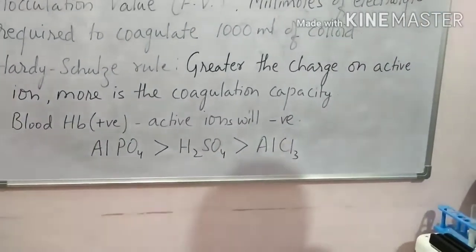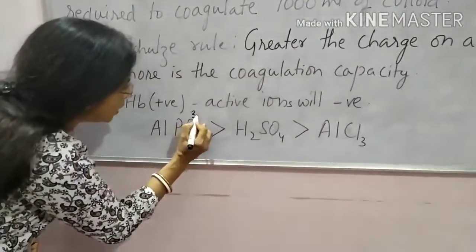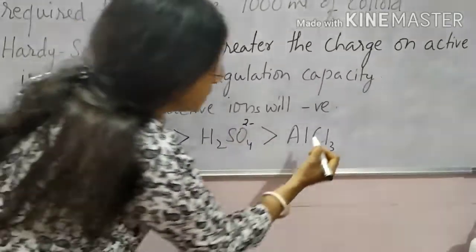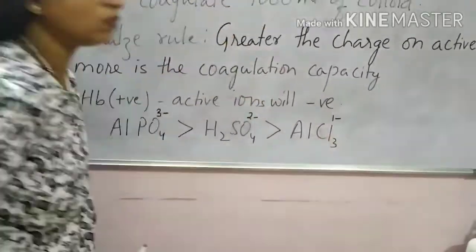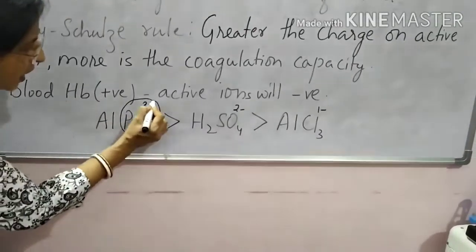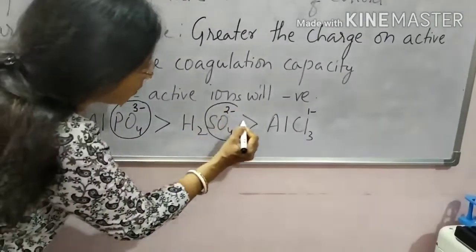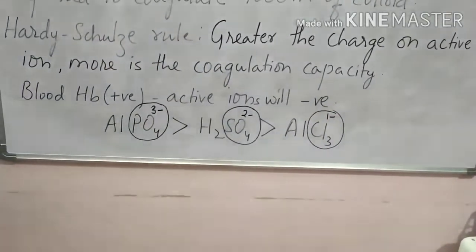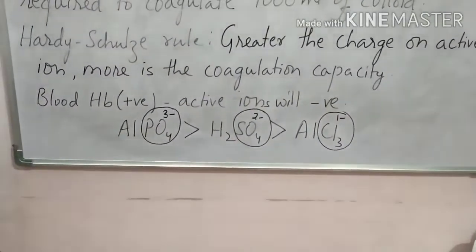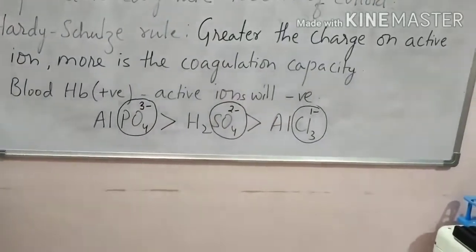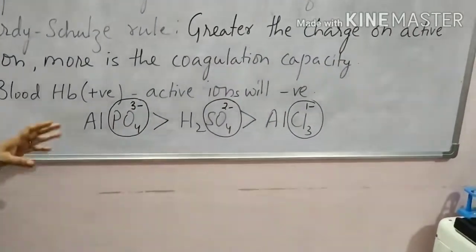Charge on phosphate is -3, charge on sulfate is -2 and charge on chloride is -1. So greater the charge on the active ion, more is the coagulation capacity. So phosphate will be required in a very small amount, whereas chloride will be required in a very large amount.